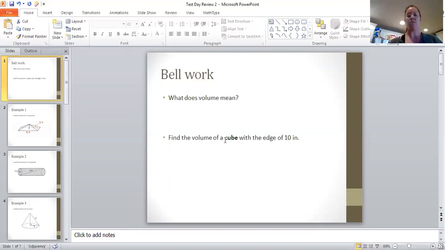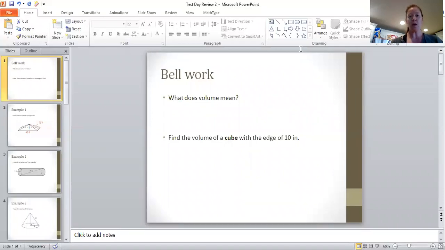When we look at the volume of a cube, we are looking for length times width times height. When it's a cube, they're all the same. So in order to find the volume of this cube, you would just do 10 times 10 times 10. And because it's still morning and I'm not totally awake, yep, 1,000 cubic centimeters is what we're looking at.